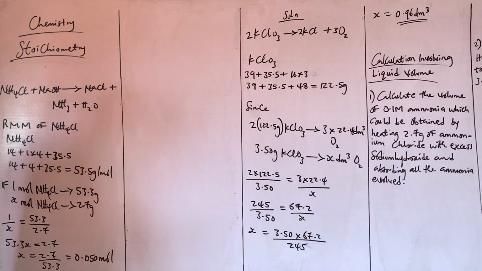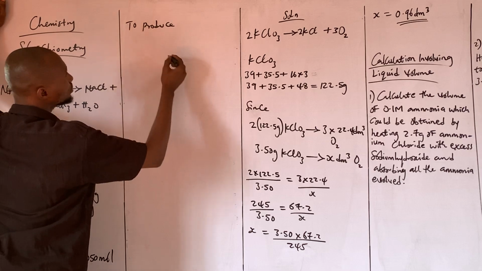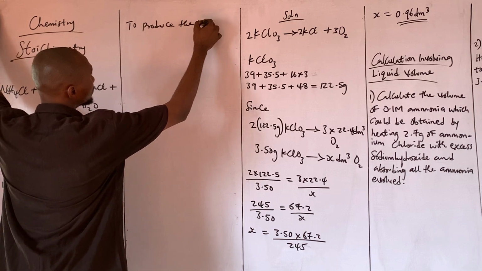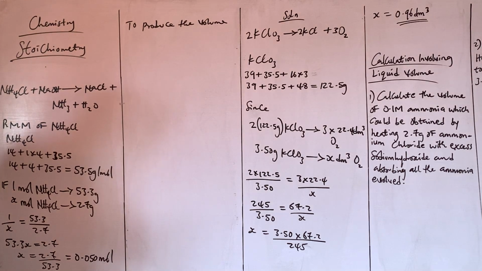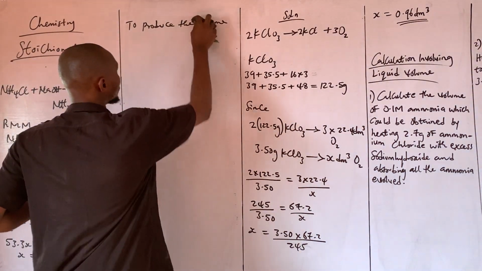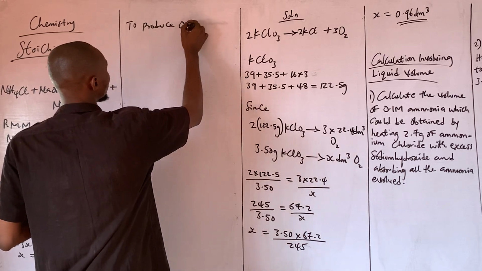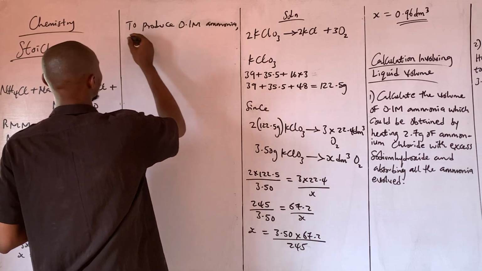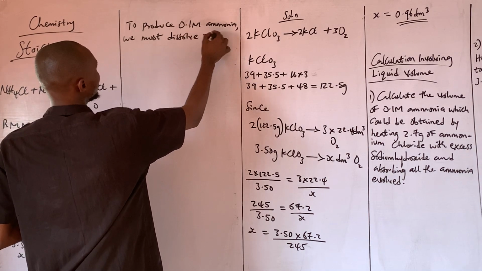That is to produce the solution. To produce 0.1 mole of ammonia, we must dissolve it.